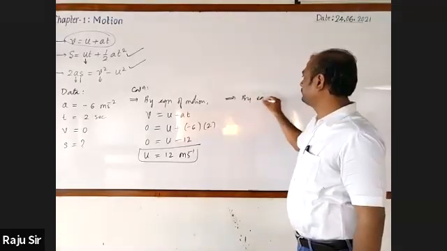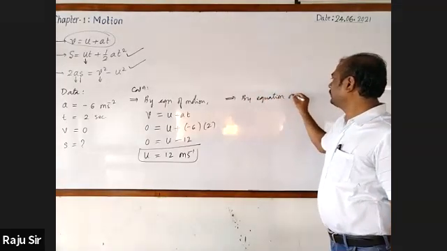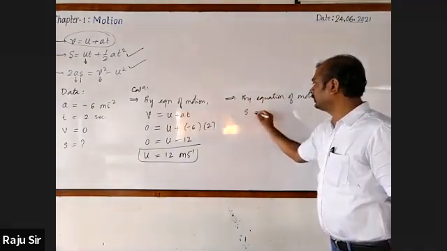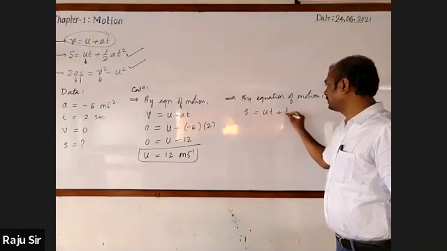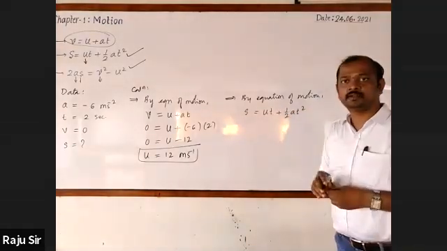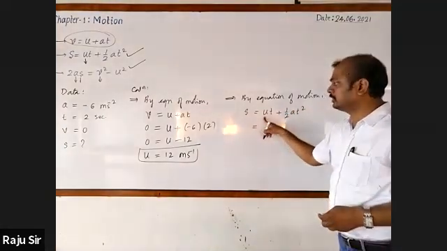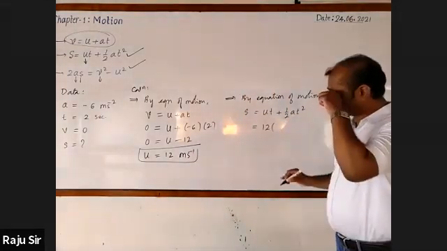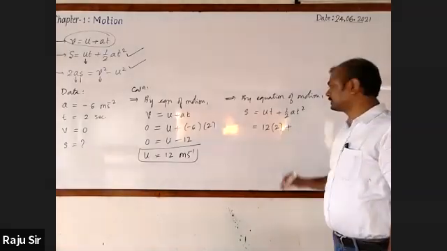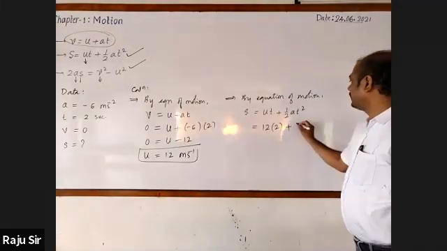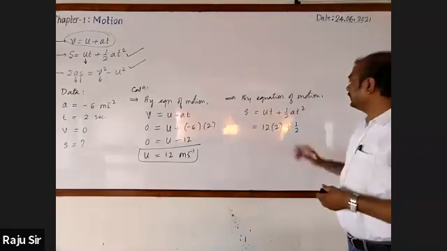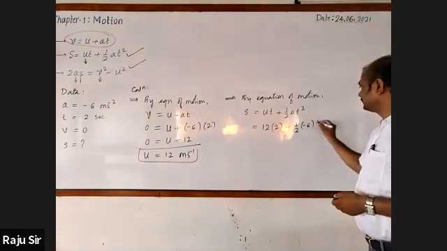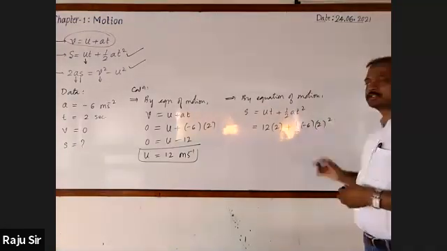Again, by equation of motion, that is S is equal to ut plus half at square. This is equal to where u is 12 meters per second and time is 2 seconds plus half into a, acceleration minus 6, and t is 2 whole square.